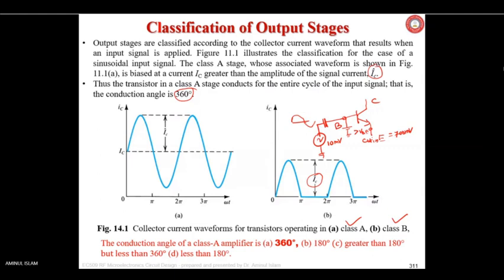But say 10 millivolt less, on the negative side, so 700 minus 10. So what will happen? If the cut-in voltage is not met, will it conduct, and will you get the negative cycle also amplified?